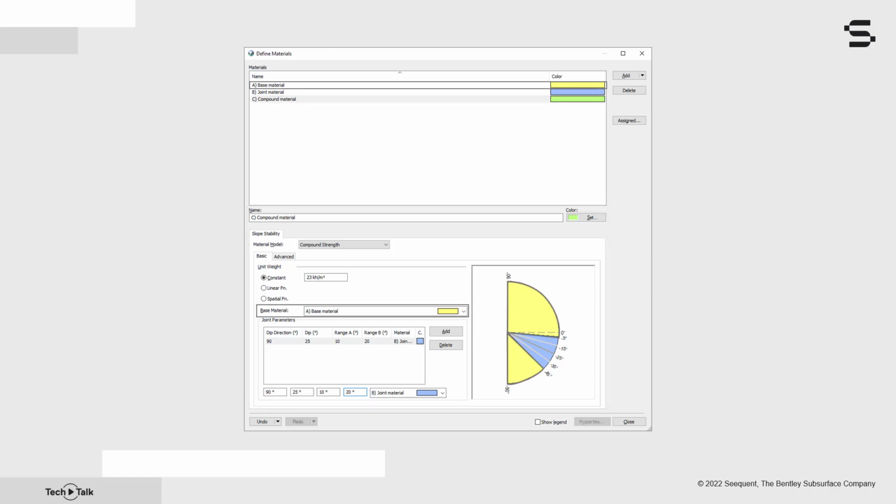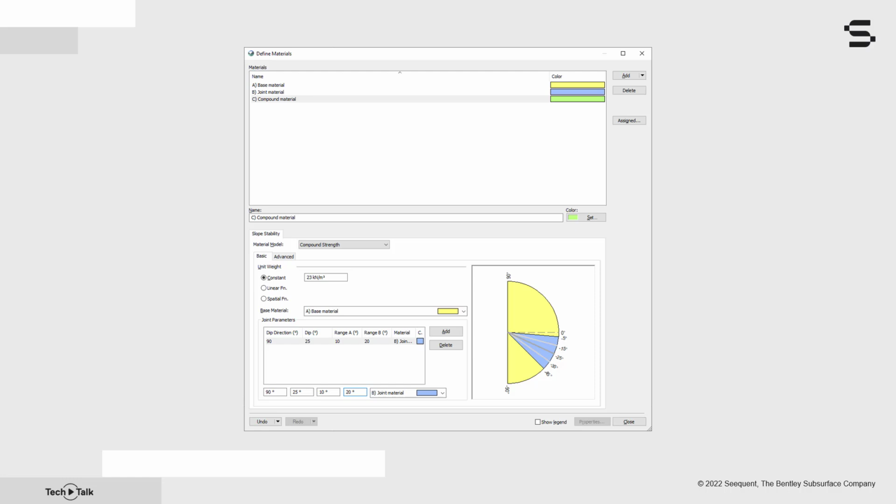The yellow base material represents the intact rock or soil, which is the matrix unaffected by the joint sets or weak layers. Finally, the blue joint material exists within the base material over a certain range that needs to be specified. Both the yellow base material and the blue joint material exist as distinct materials in SLOPE/W, where each is defined using the constitutive model of choice.